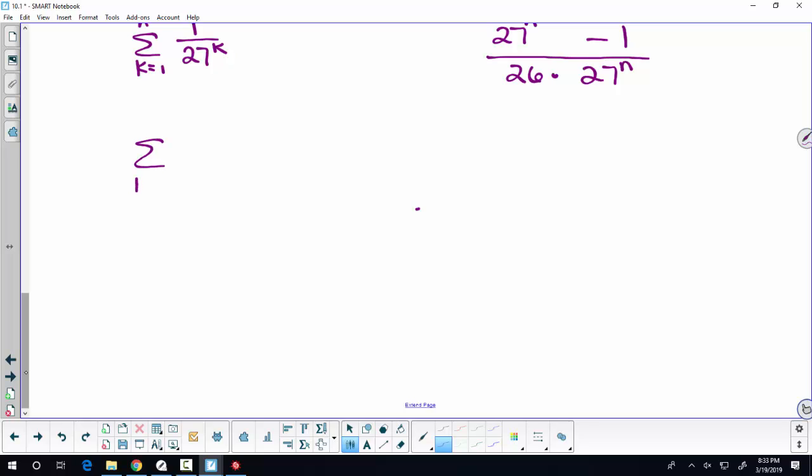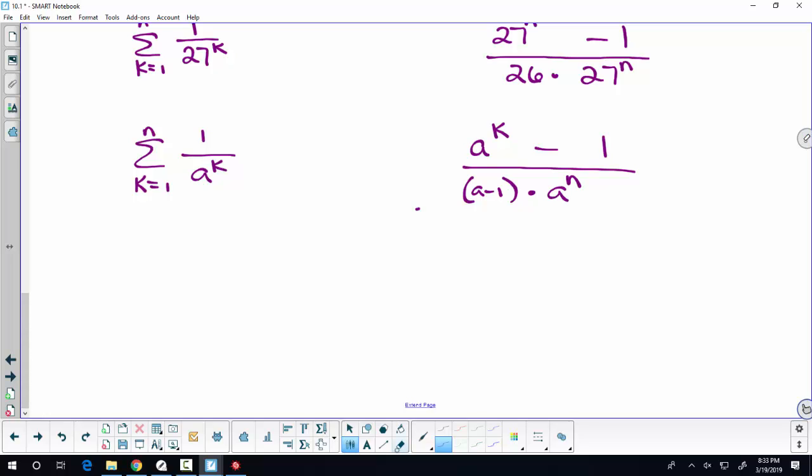So the generic one, 1 over a to the k, the nth partial sum is a to the n minus 1 over a minus 1 times a to the n. Sorry, I did it again. So that's the format that those things follow.